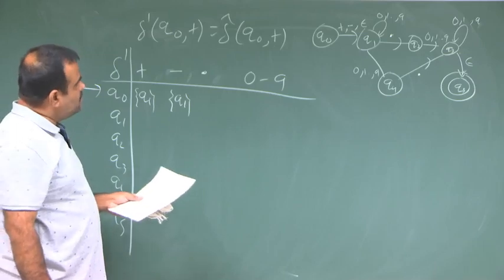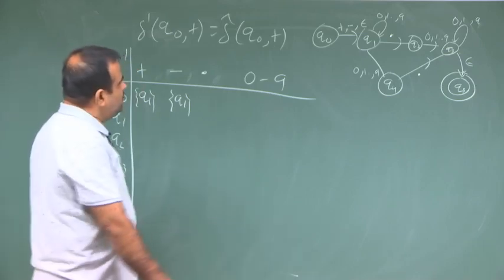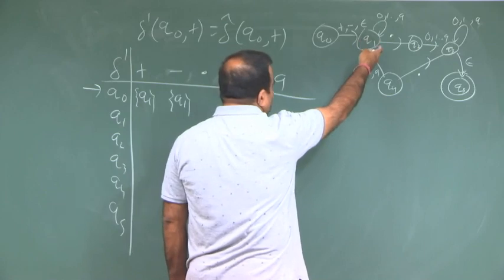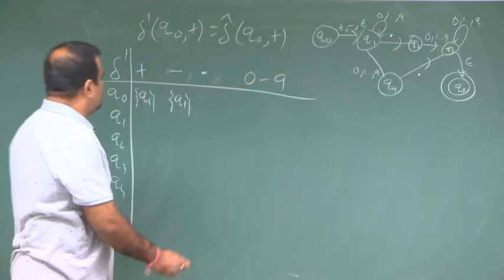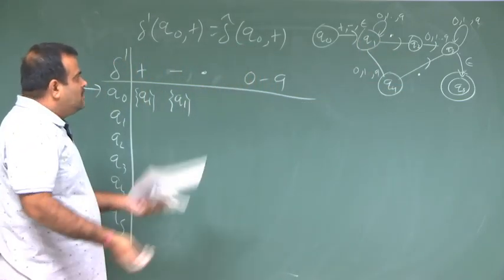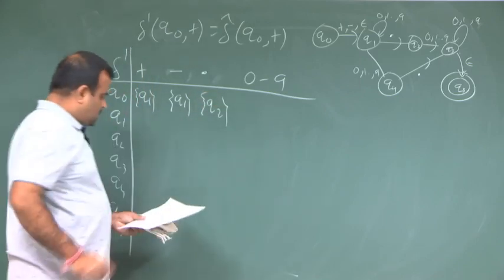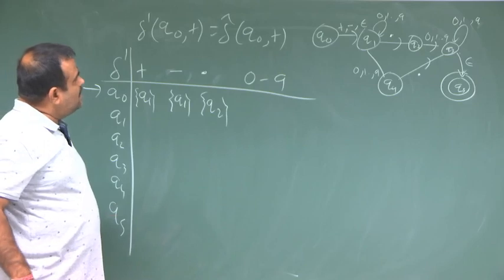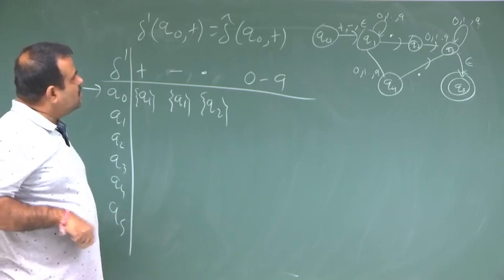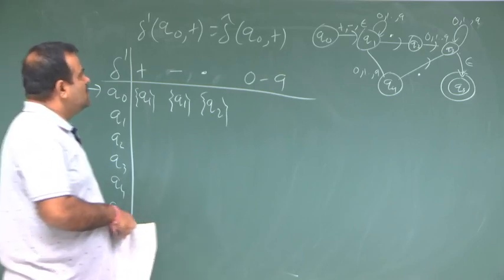With the dot, where can we go? We can take the epsilon move here, we go to q1, and from q1 with dot we can go to q2, and there is no epsilon move, so we remain there. So, this is q2. And with the digit, where can we go?